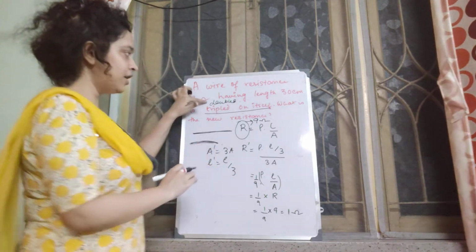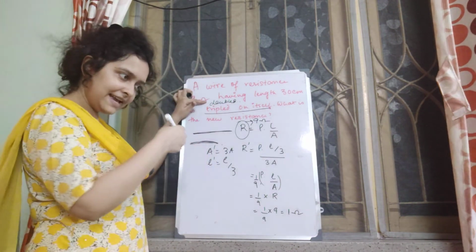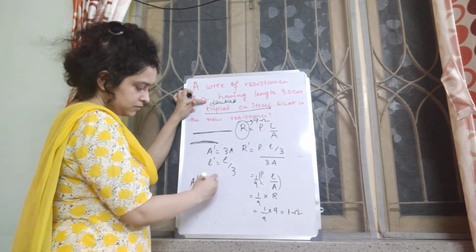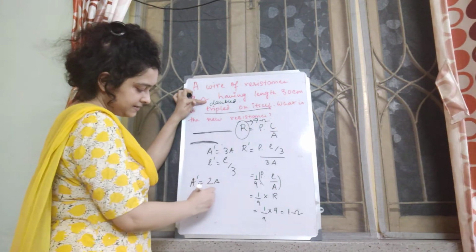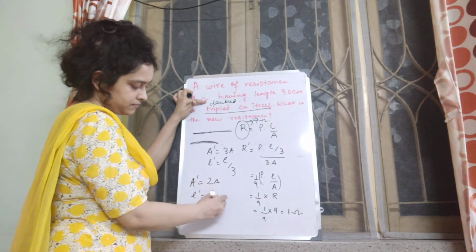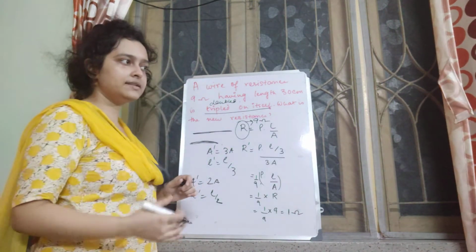If it is doubled on itself, A is 2A, and L is L by 2, so it will become 1/4 resistance now.